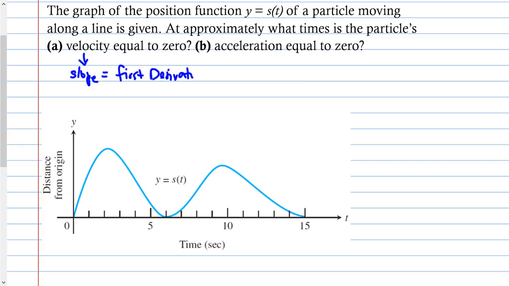So basically, they are asking when is the first derivative equal to 0? If this is my original function, my first derivative should equal 0 whenever I have a maximum or a minimum. Another maximum. Okay, that's awful.